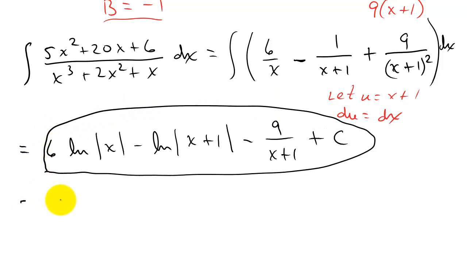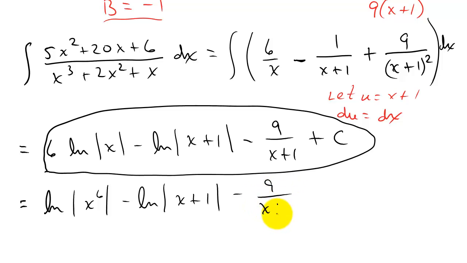but I'm also going to simplify it a little more. We can review your logarithmic properties. You can take the 6 and throw it up into the exponent here, so that would be natural log absolute value x to the 6th minus natural log absolute value x plus 1 minus 9 over x plus 1 plus c.